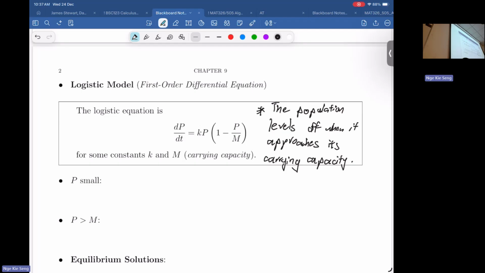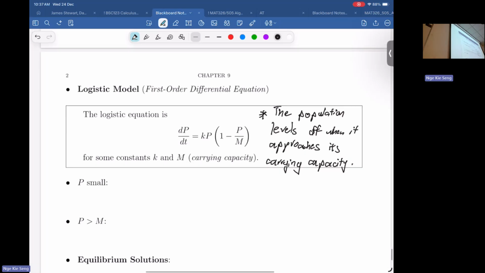Either the land will sink, or there are not enough resources, right? Is this what happened in Jakarta? Anyone from Indonesia? Is it what happened to Jakarta? It's sinking? Yeah, too many people.